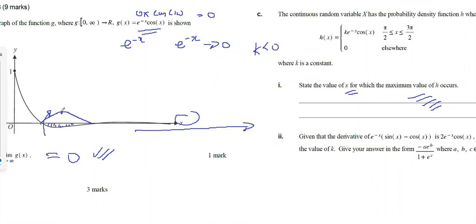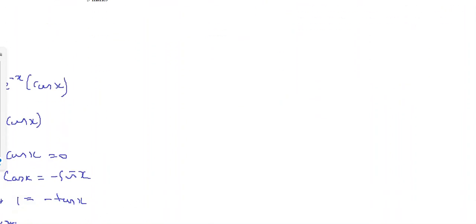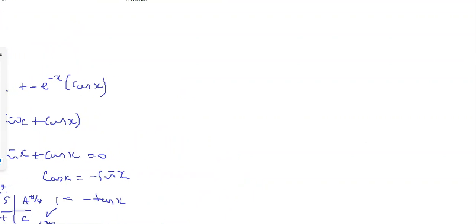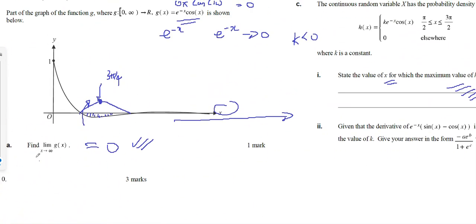And my maximum is going to occur here, which is going to be 3 pi on 4 from the last answer that I had, because I know it's going to be in the second or fourth quadrant. This 3 pi on 4 refers to this point here. The 7 pi on 4 is that one there.